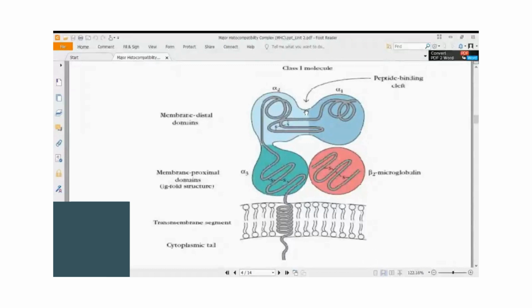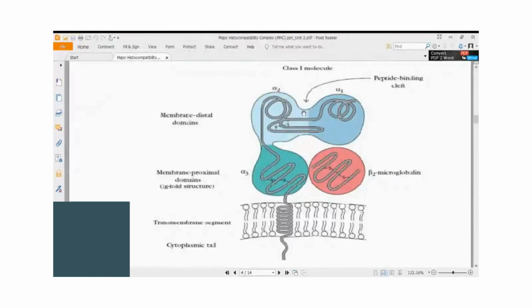Once again, it is responsible for presenting the self antigens, but if it presents non-self antigen, T cytotoxic cells will be activated. Then NK cells also are capable of recognizing the antigen presented on class 1 MHC. And as mentioned, the class 1 MHC is produced by the A, B, C gene cluster or alleles.